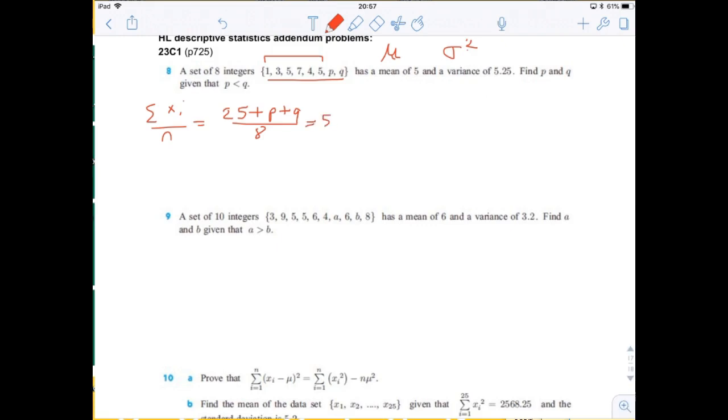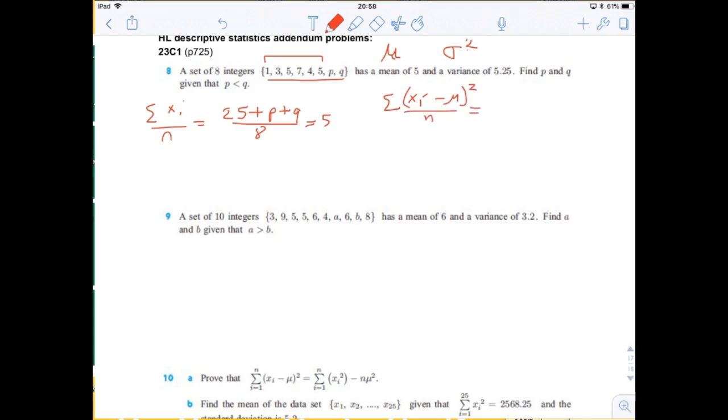The variance is 5.25. Now the variance is calculated by subtracting each number from the mean, and then squaring it, and then dividing that by n.